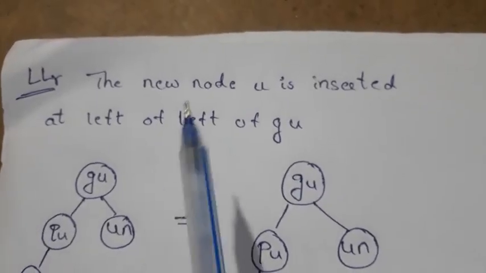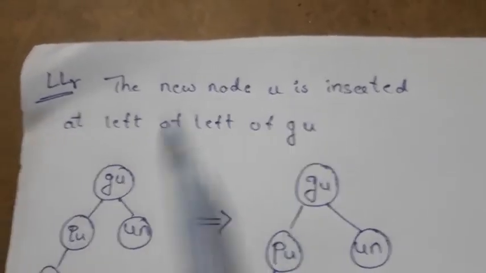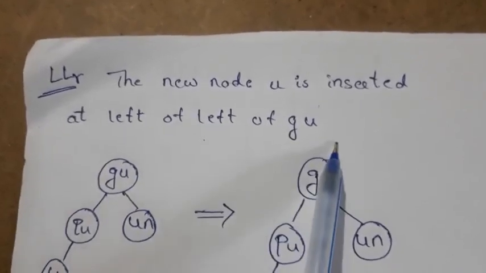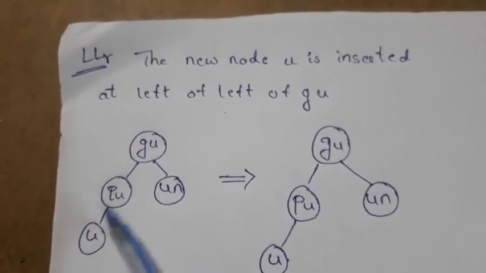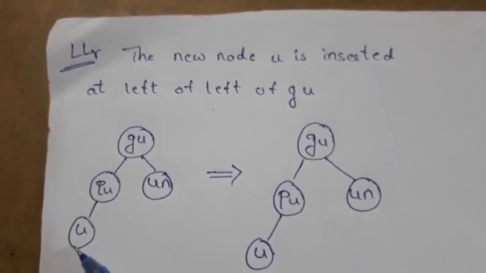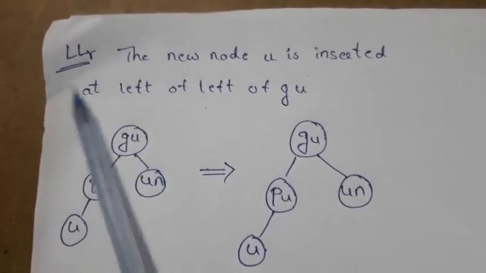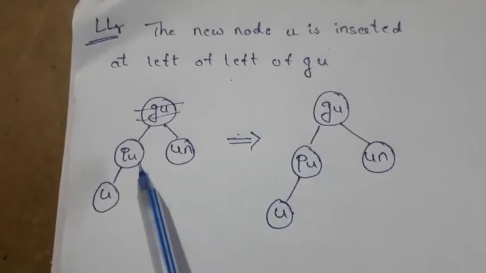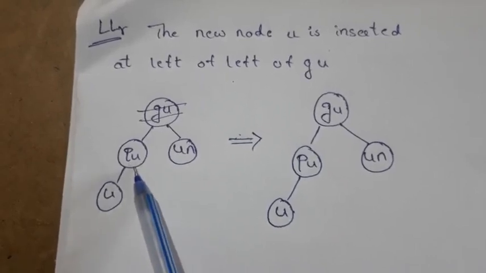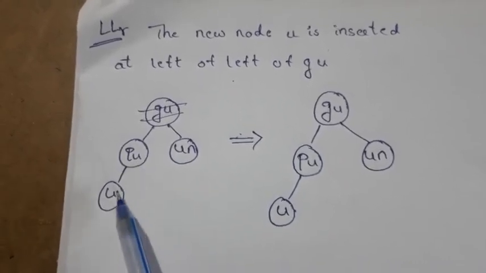Coming to LLR, the new node U is inserted at the left of GU. It means U is inserted to the left of GU. So it is an LLR. It means the uncle node is in red color. Here the tree is imbalanced because it has two consecutive red colors.